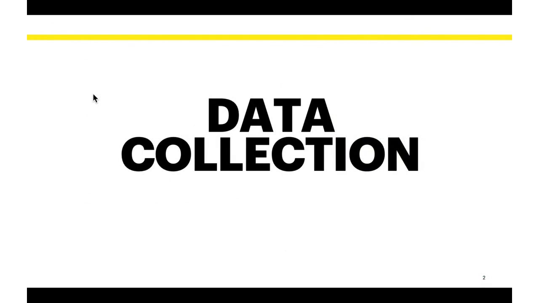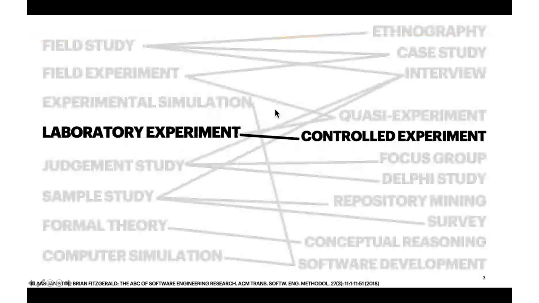We talked about surveys, we talked about interviews, we talked about repository mining, and today we are going to talk about controlled experiment. A controlled experiment is a research method which is most typically associated with laboratory experiments. It's not the only research method which is associated with laboratory experiments, but it's the only one we are going to discuss during this course.